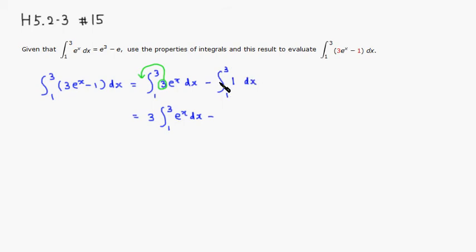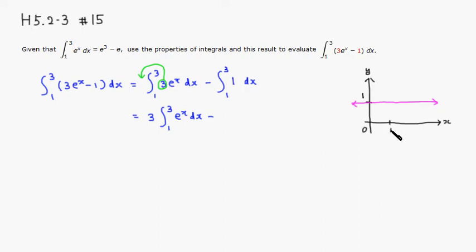This part is actually pretty easy, because if you visualize what's going on, this is just the area under y equals 1. Here is 1, and the graph is just a horizontal straight line that goes from 1 to 3.